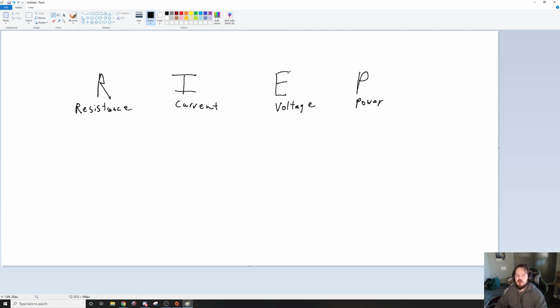And the way this works is if you have more than one of each thing, you put the top row as your totals, and you put down below it R1, R2, I1, I2, and so on and so forth. So, depending on what values you have will determine your formulas.